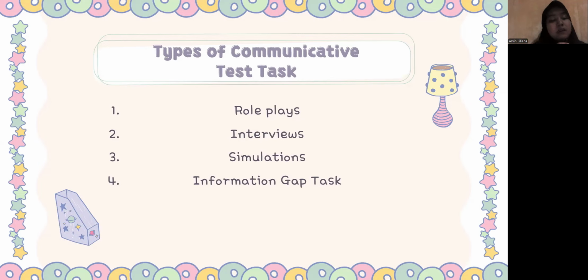Each participant holds some information that the other does not, and they must ask questions and share knowledge to fill in the gaps. The purpose of this is to enhance the learner's ability to ask for and give information, clarify meaning, and work cooperatively. It involves speaking, listening, and negotiation skills.